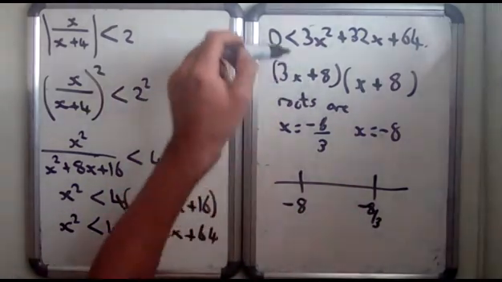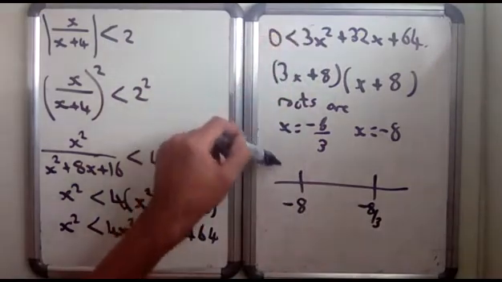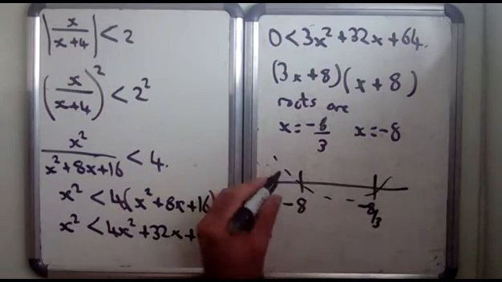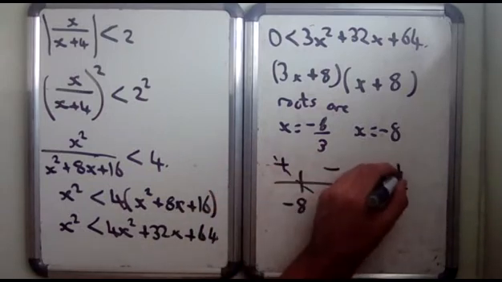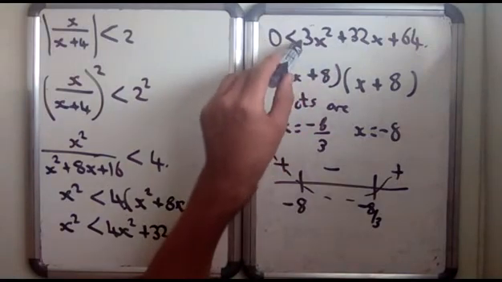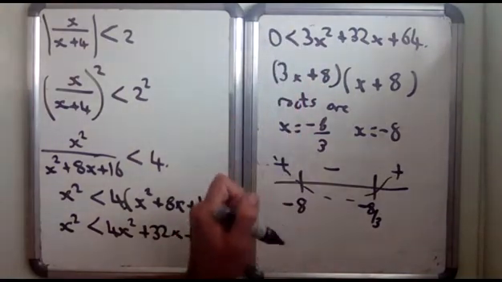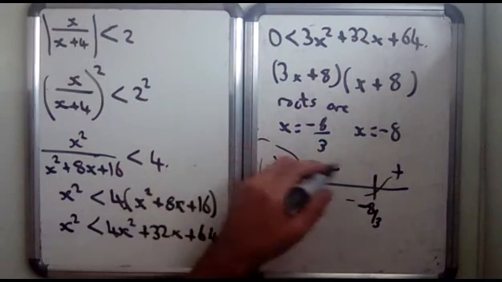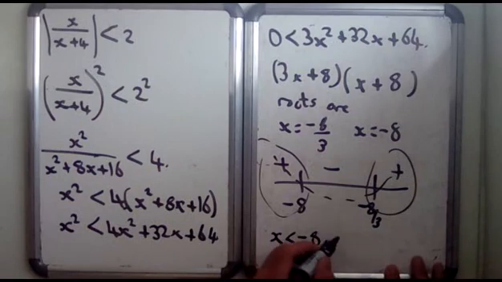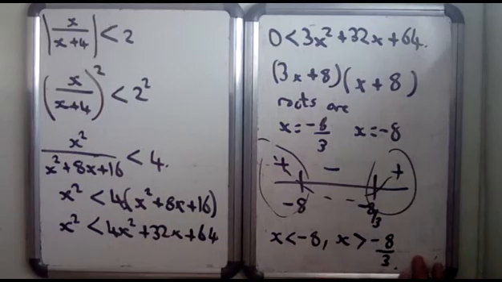It is a positive quadratic, so it comes through like this, which means positive, negative, positive. I want to know where this is greater than 0, so it's greater than 0 here and here. So the solution is x is less than minus 8, or x is greater than minus 8 over 3.